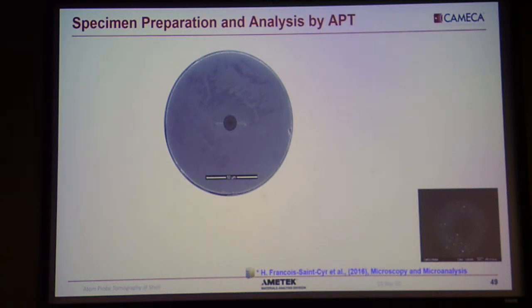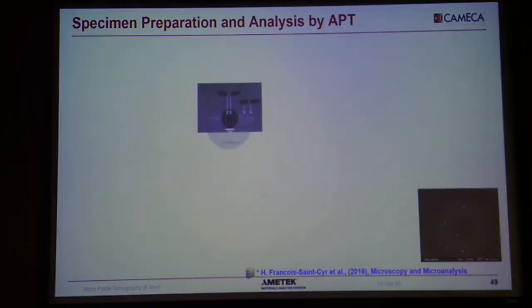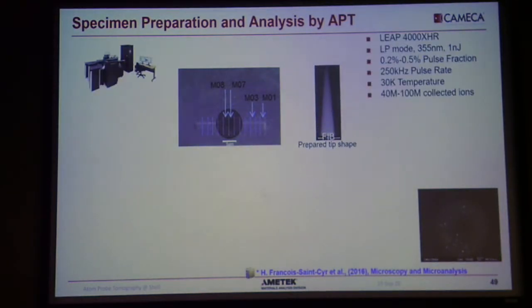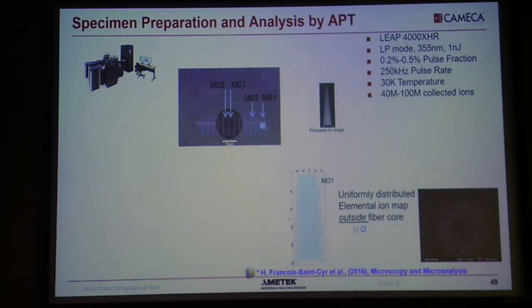So what we've done is that we prepared a lamella here, okay, and we cut it in different chunks with the FIB. So with the FIB, we actually prepared some samples and used the reflection system. And by doing so, we basically have samples that were taken from outside the fiber core, so in the matrix, and others that were inside.